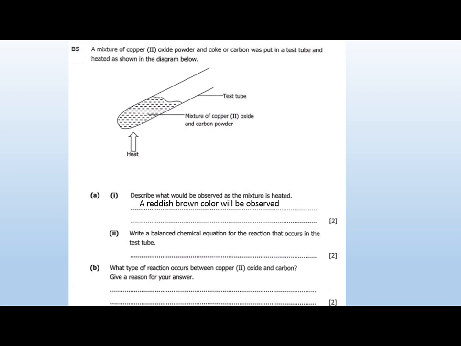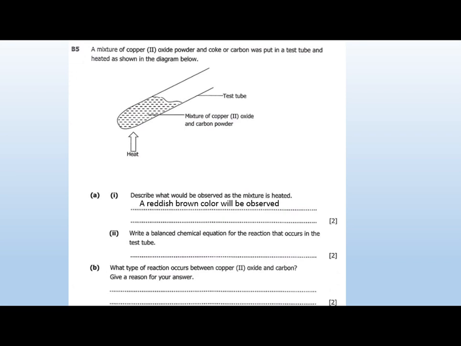Then now, write a balanced chemical equation for the reaction that occurs in the test tube. So the reaction that is happening inside the test tube, mind you, there's copper(II) oxide and coke. Copper(II) oxide reacts with carbon.